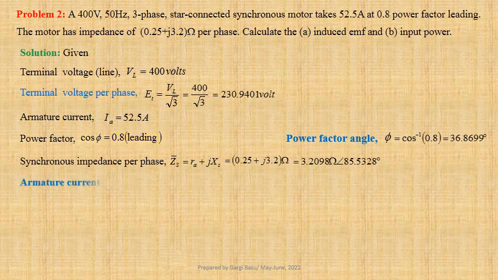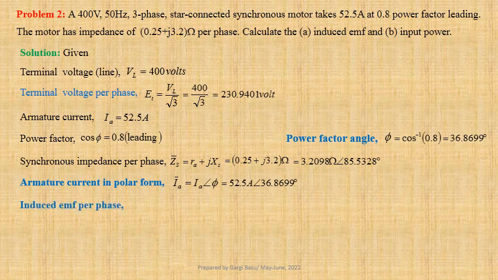Armature current may be written in polar form as Ia equals Ia at an angle phi, that is equal to 52.5 ampere at an angle 36.8699 degree. Expression for induced EMF per phase E0 equals Et minus Ia into Zs.